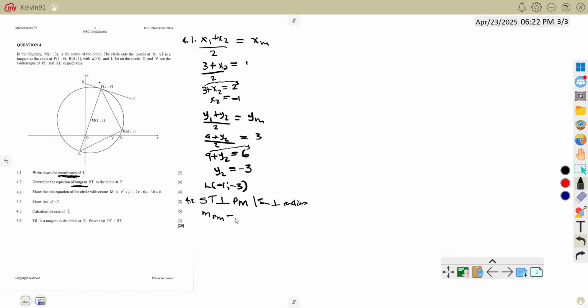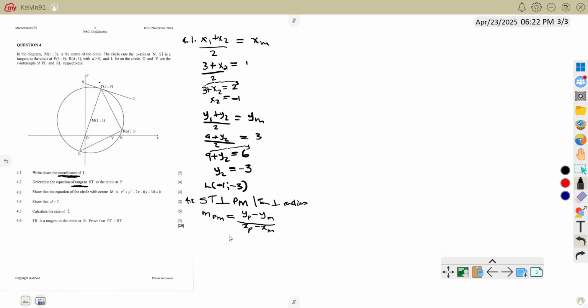We are going to use the gradient formula y at P minus y at M divided by x at P minus x at M. You copy the formula from the formula sheet, but here you can now put letters so that you don't confuse yourself.